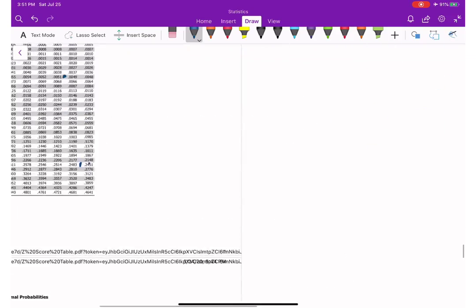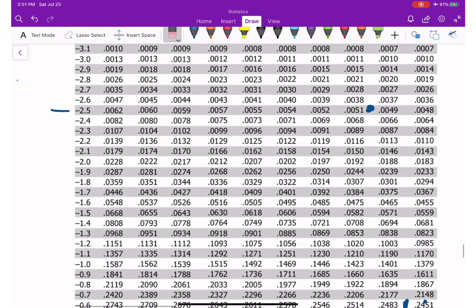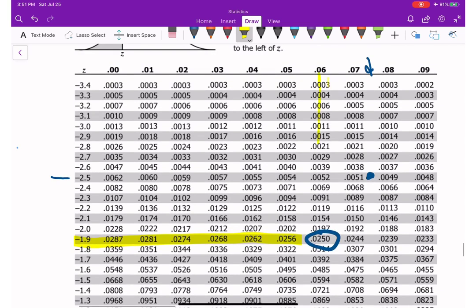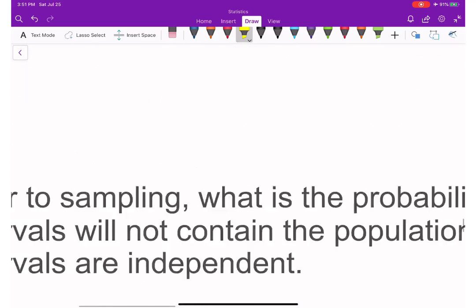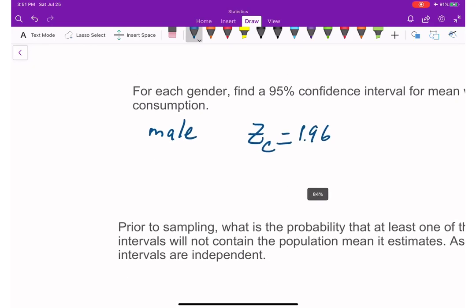Okay, going back here. 0.025, 0.0225 here, which means it's coming negative 1.96. Okay, 1.96.